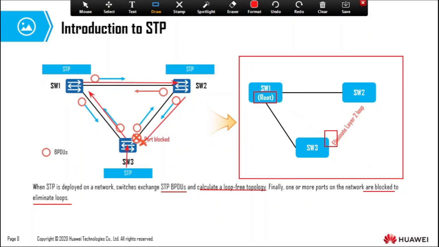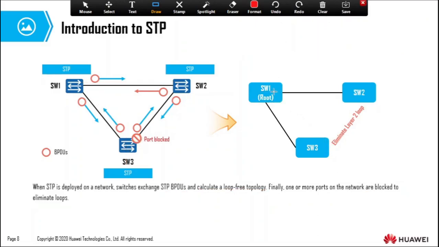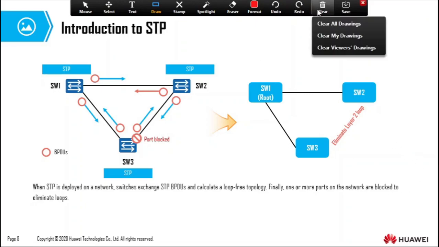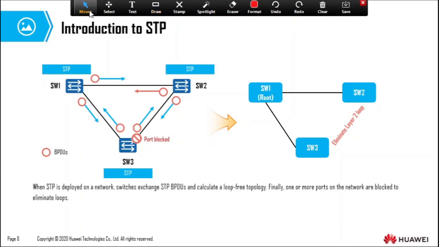So when we say that we have a tree topology, this is what we mean. From a ring topology, this one is a ring, to a tree. We're having a tree, so we can't have a loop, regardless of the number of switches we have.